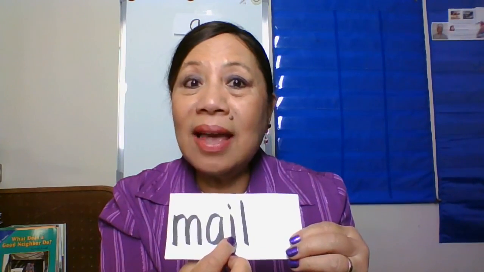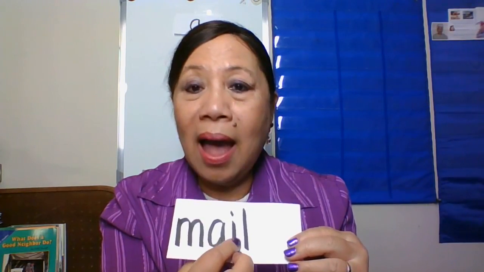The A says its name, and the I is silent because A is first. It says its name. I is quiet. Let's do it again. Mail. Let's read it smoothly. Mail. What's the word? Mail.